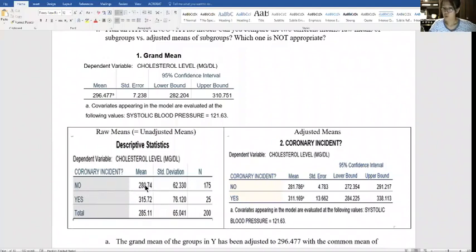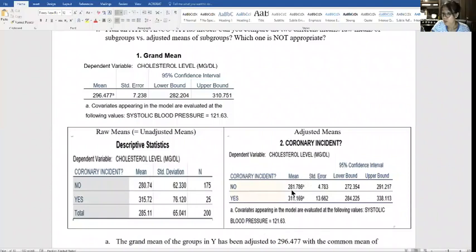So the mean is 280, 315. Without any other controlling variables, this is just a naive mean, the unadjusted means. Once you control for some variable, systolic blood pressure, the yes and no numbers are changed.